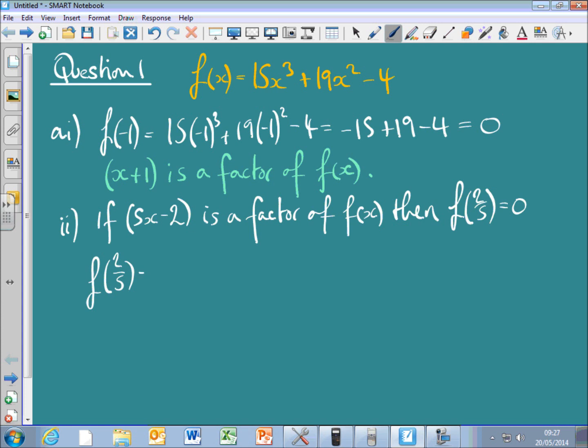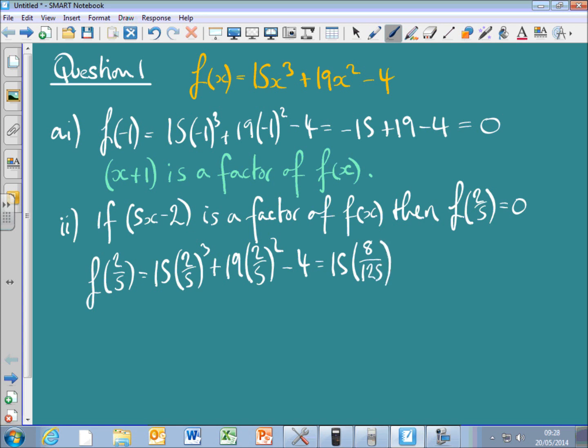Okay, so we're going to get 15 multiplied by 2 over 5 cubed, plus 19 multiplied by 2 over 5 squared, take away 4. So this is 15, 2 cubed is 8, and 5 cubed is 125, plus 19, and then we've got 4 over 25 here, and then take 4.